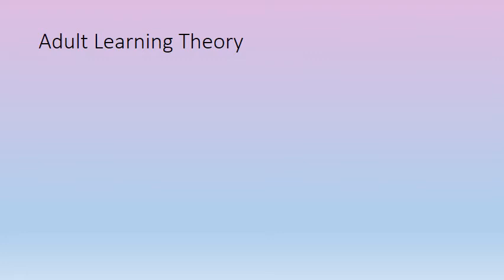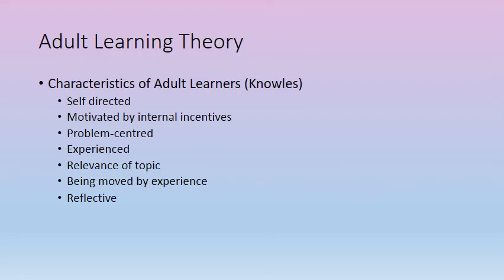So Knowles came up with an adult learning theory, and he described the characteristics of adult learners as below. Adult learners are self-directed, generally motivated by internal incentives, as in a desire for learning that particular thing. They prefer problem-centered learning experiences.